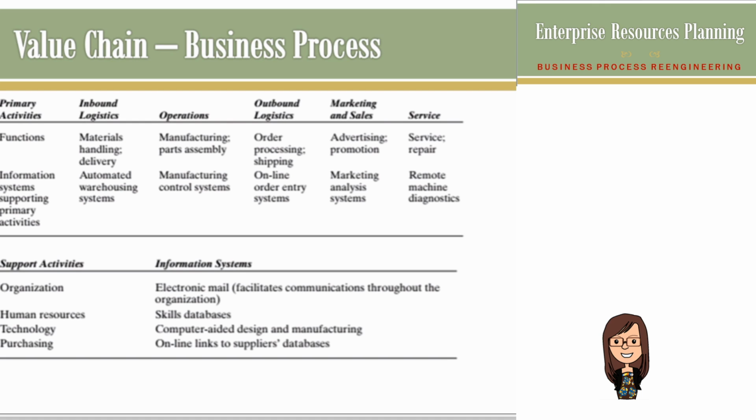So that is the value chain for the primary activities, whereby each value chain will have its own information system to support its activities.